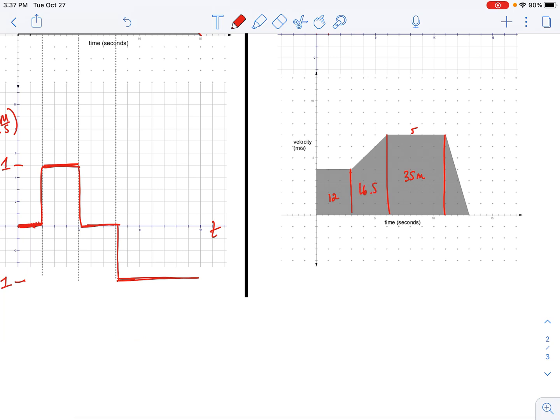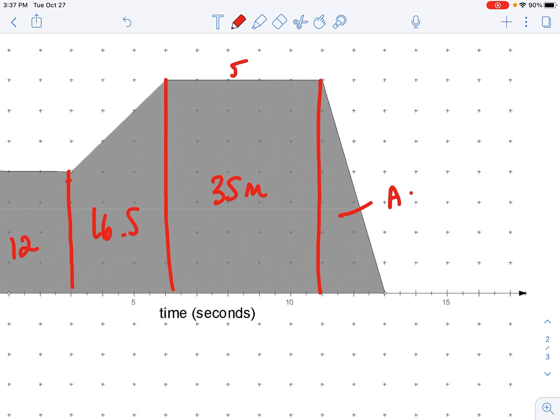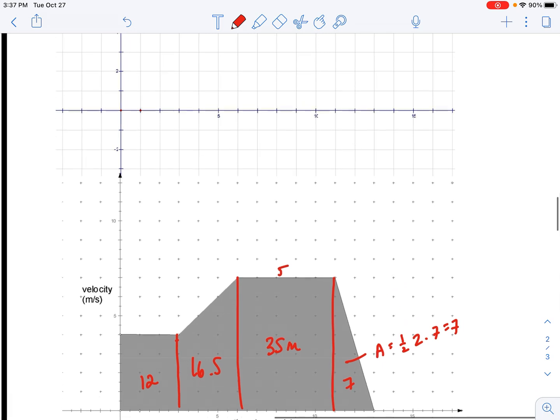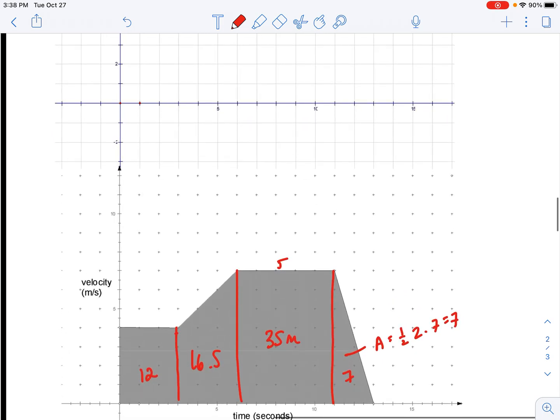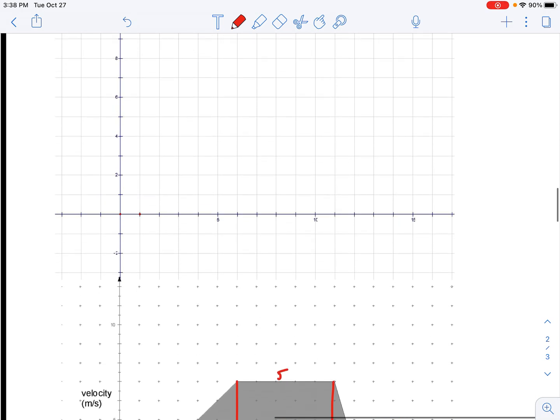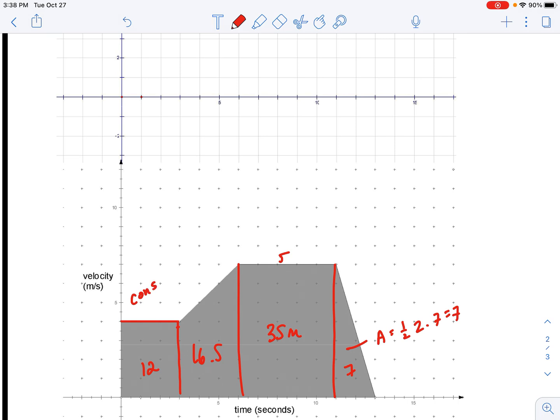And this final piece here, this area would be, it's a triangle, so 1/2 base times the height. The base is 2, and the height is 7, so that's just 7. Okay, so when I go back, what I know here is that this velocity is constant. The velocity is 4, which means the slope that I sweep out up above must be constant.